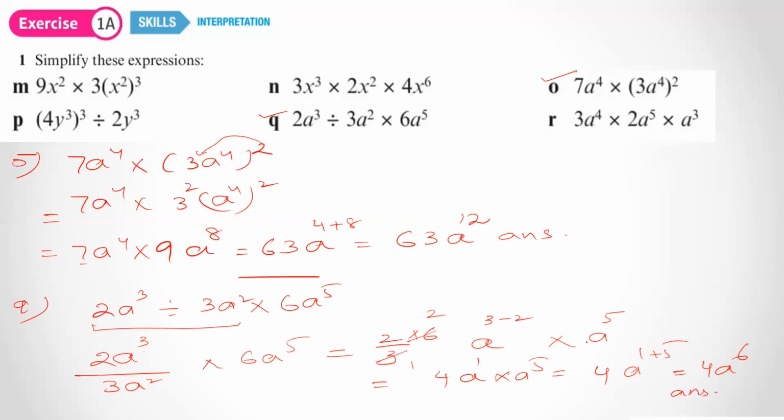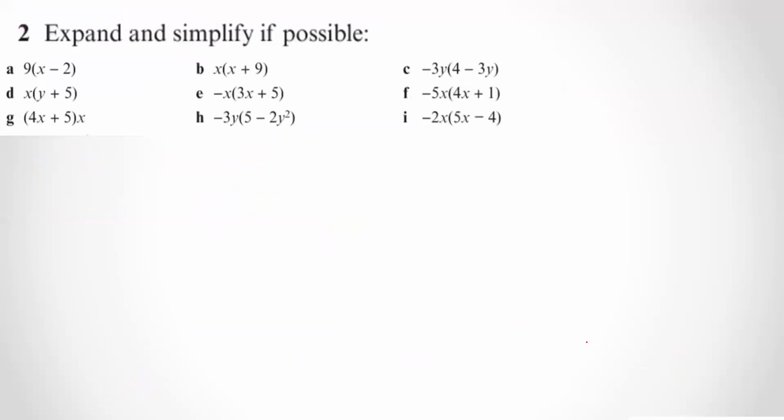Okay. Now we move on, question number 2. It states that expand and simplify if possible. So all the time we are simplifying the expressions. B part states x times x plus 9. What shall we do? We shall multiply, open the bracket and multiply the outer one with each and every term of the inner side inside the bracket.